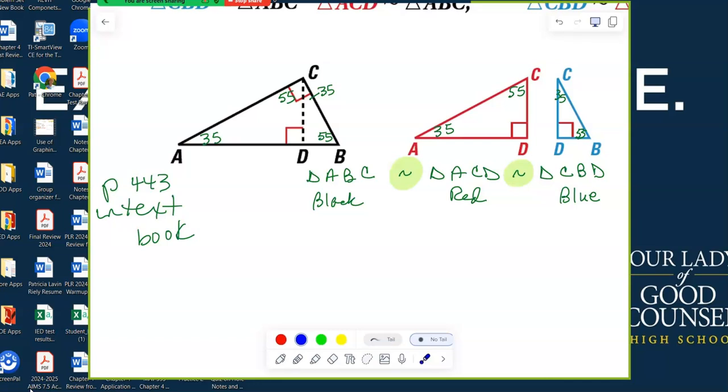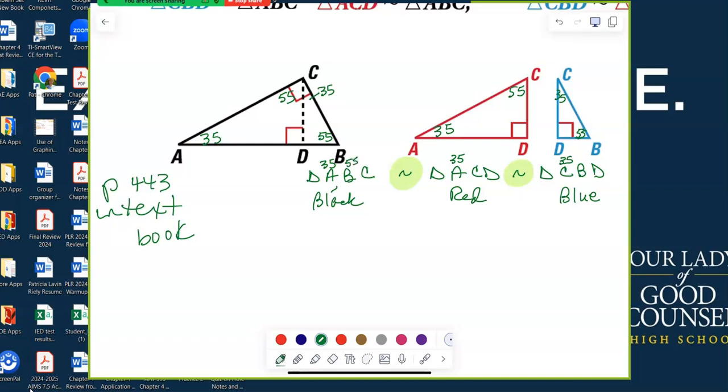Okay, so look what's going to happen. Angle A in the big black triangle is 35 degrees. Angle A in the red triangle is also 35 degrees. And angle C in the blue triangle is 35 degrees. That's great. Angle B in the black triangle is 55.